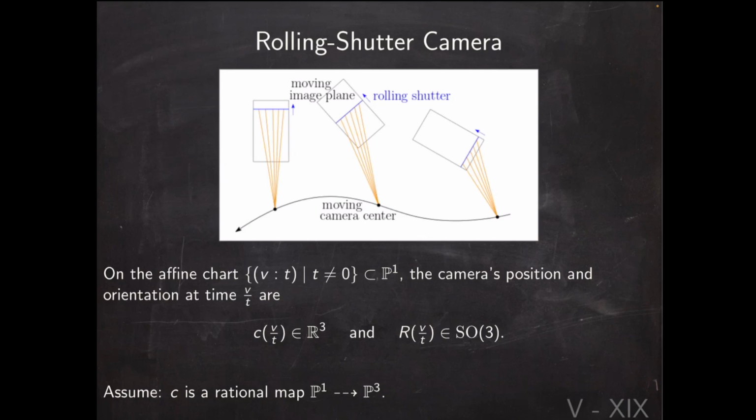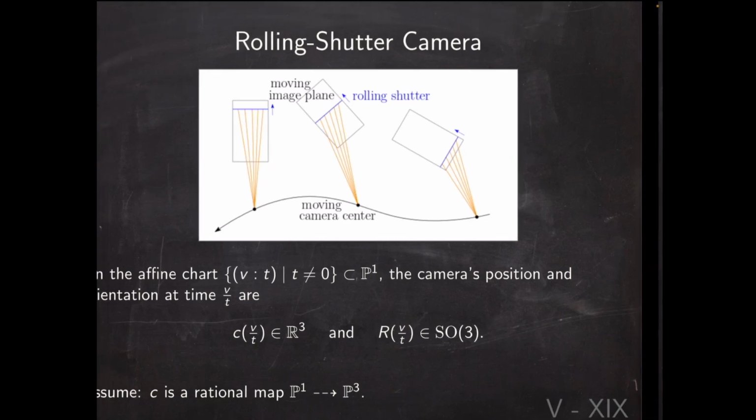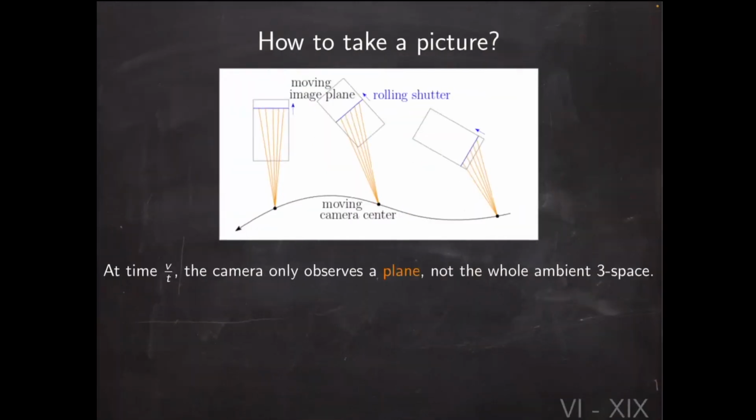One word of warning here is that we might want to assume that this map C that gives us the camera center positions is a rational map. But in general, we actually do not want to assume something like that of the rotation map R. I'm going to say something about that later.